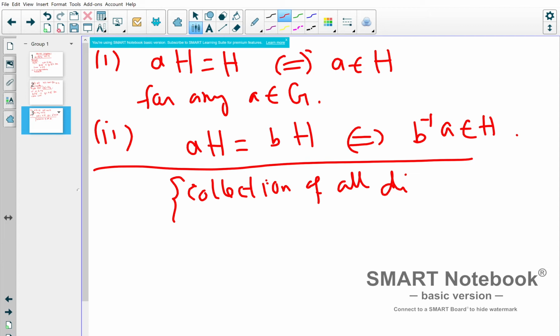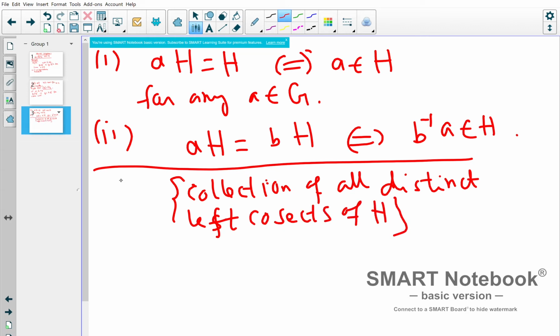So when I say distinct, I mean that I am collecting disjoint things. This collection I will write down by the symbol G mod H. So I have a collection of all the distinct left cosets of H.